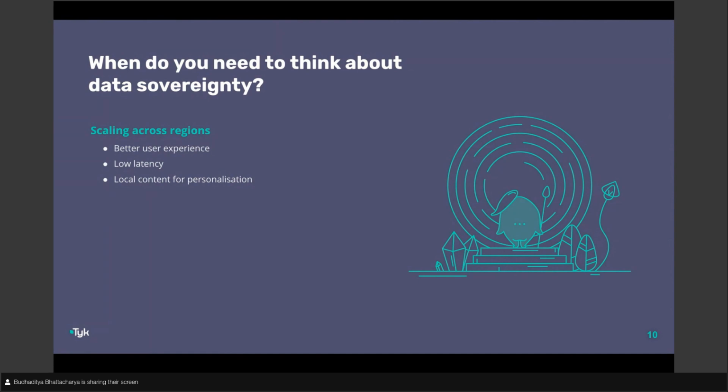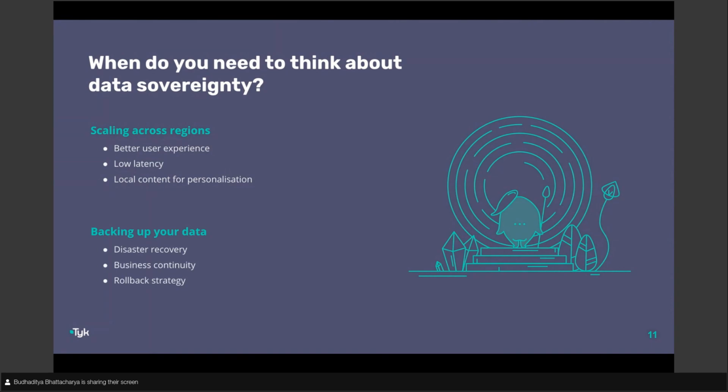All of these things, when you're scaling across regions, you want to be as close to the users as possible in order to provide the best possible experience for the people who are going to be buying and using your product. So scaling across a region would be the first case where you need to start thinking about your data sovereignty needs, because your data is likely going to be sitting across multiple regions, and therefore your compliance requirements might come into play.